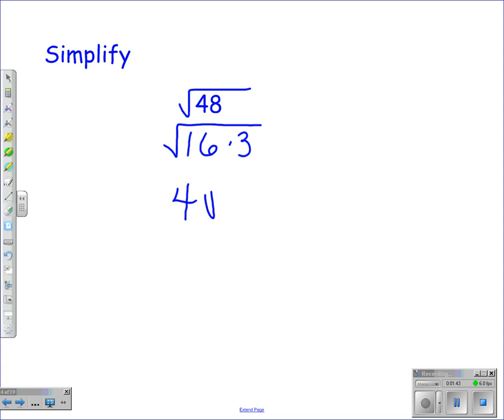The square root of 3, we don't know what that is, except it's a non-terminating, non-repeating decimal. We will stop here with our simplifying. We take the square root of any perfect square numbers that we can, and we leave underneath the radical anything that we cannot take the square root of. 4 square root of 3 is the answer.